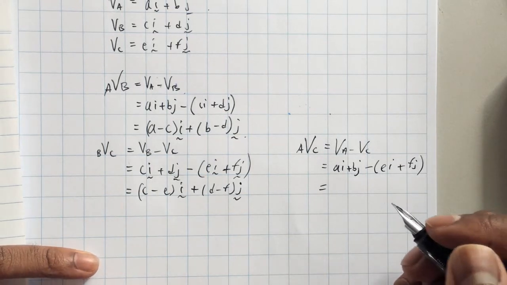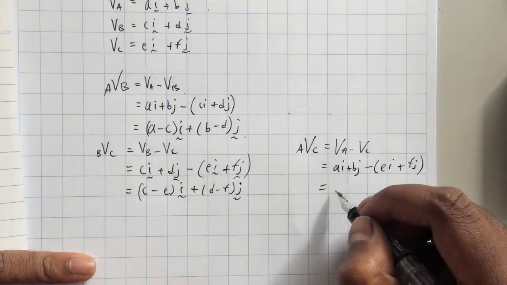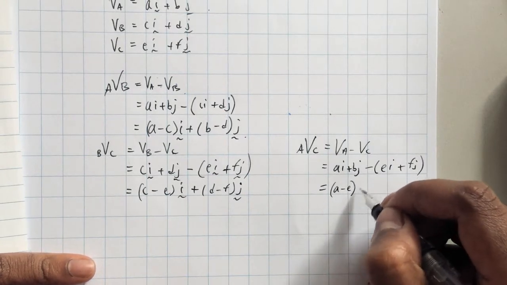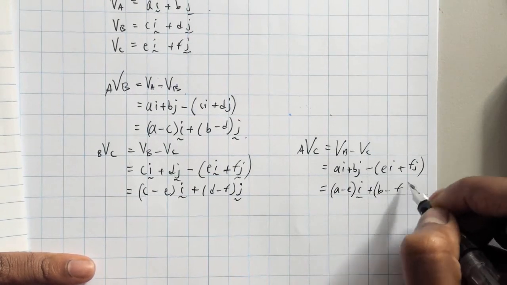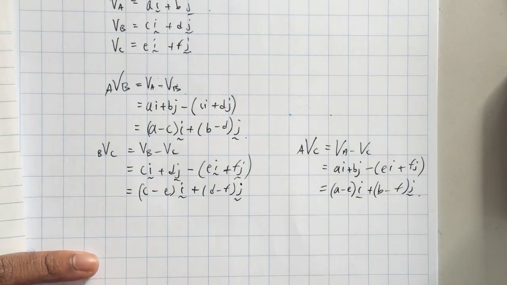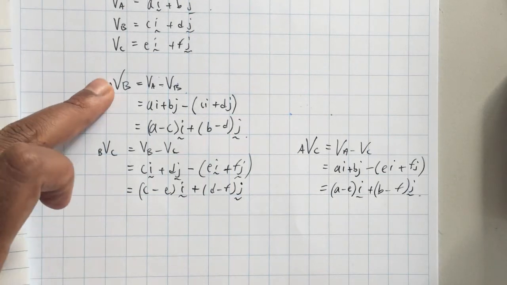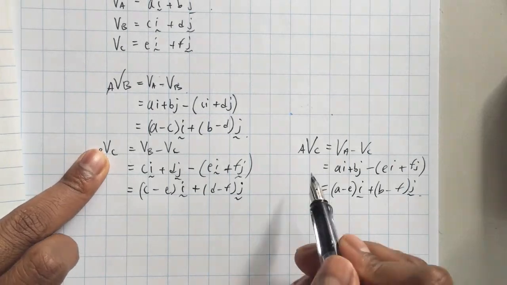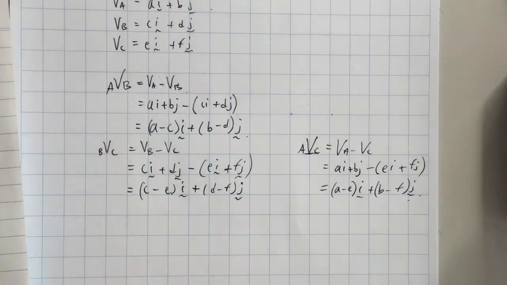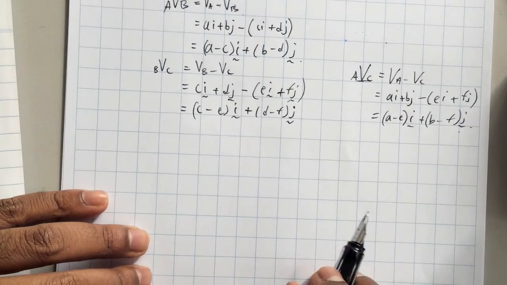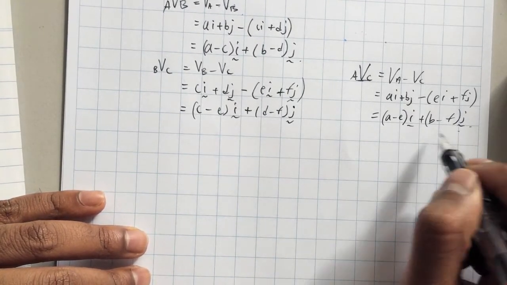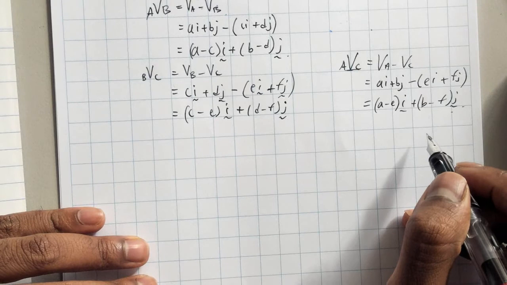Collecting my I terms, I have A take E, and B take F. So what I'm saying is that plus that should somehow give me this. Let's find out. Let's add them together, and hopefully we get something that looks very similar to this guy.